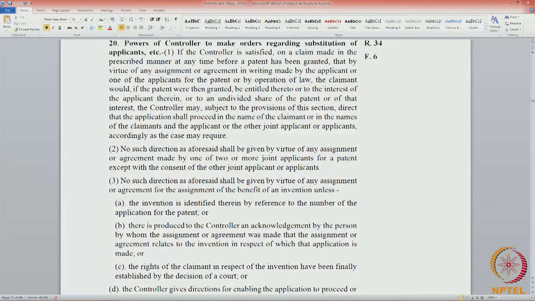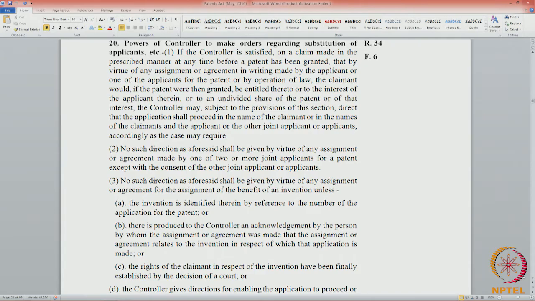Let me give you an example. There are 3 applicants to a particular application, A, B and C. A and B have an agreement with D and they want to bring D into the list of applicants. So, D becomes the claimant.